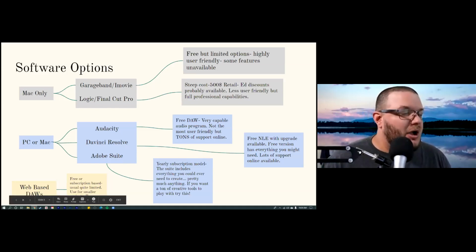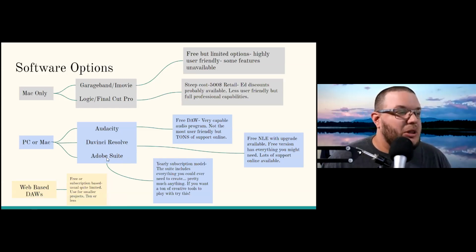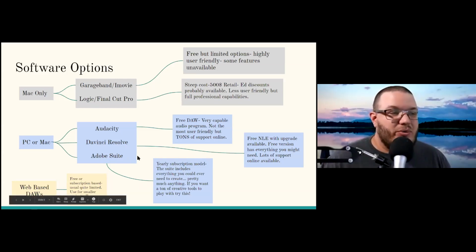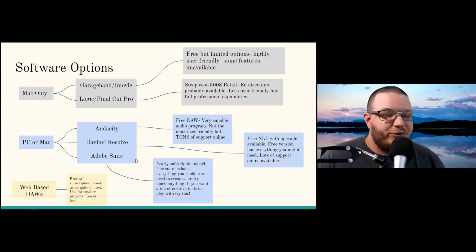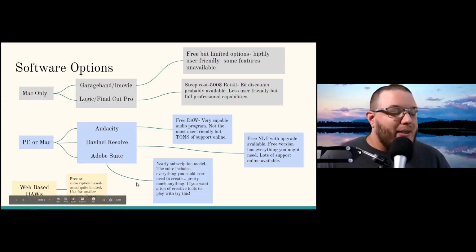And then the other option, and this is available on Mac as well, is using the Adobe Suite. And this might be a good option for some of you. This is what I'm actually using right now. I've used DaVinci a lot and Audacity in the past, but I started purchasing the subscription for Adobe Suite this year because of the Virtual Ensemble project.